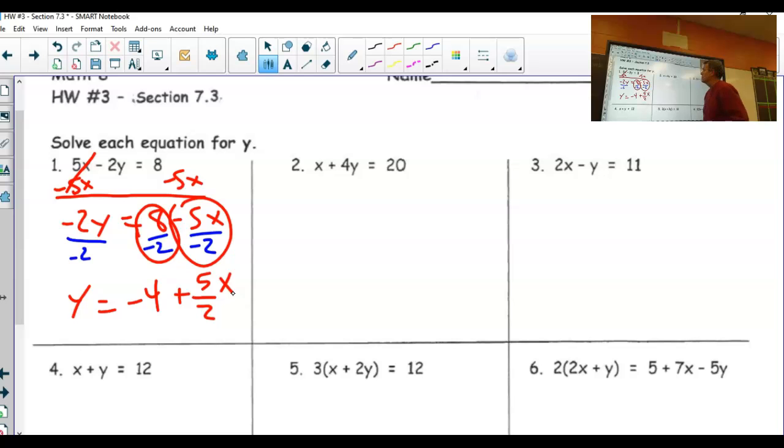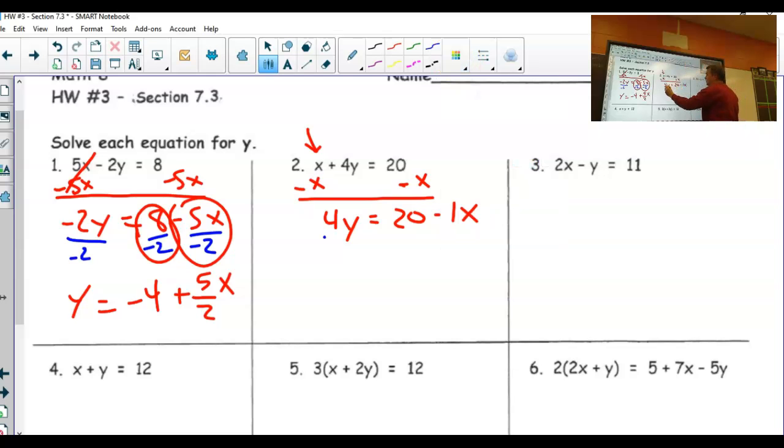Number 2. Again, the first thing I want to do is get rid of the other term that doesn't have a y. So I'm going to subtract x from both sides. That gives me 4y, and it gives me 20 minus x. One thing you might want to remember is that there is a coefficient of 1 in front of that x. That might make your dividing easier.